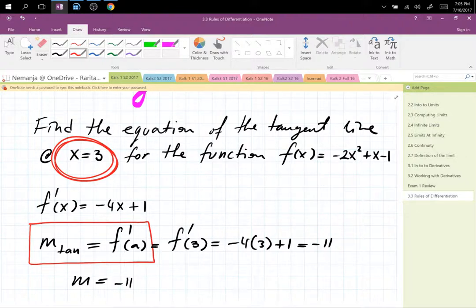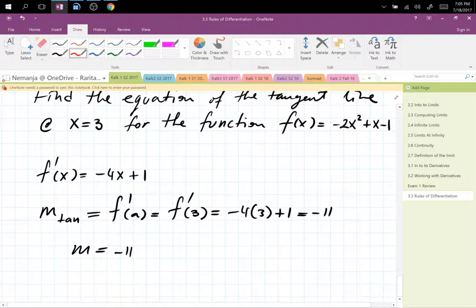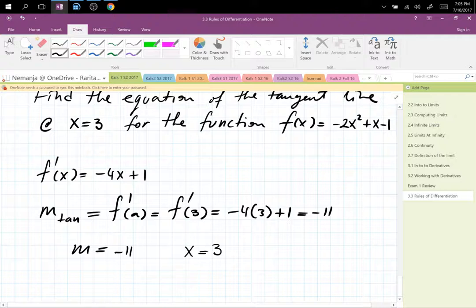In this case, yes, it could be anything else. So what do I have so far? I only have m equal to negative 11 and x equal to 3. I need y. Well, we know that y is f of x, so f of 3. Plug 3 into the original equation. That's 9, negative 18, negative 15, and negative 16, I hope.